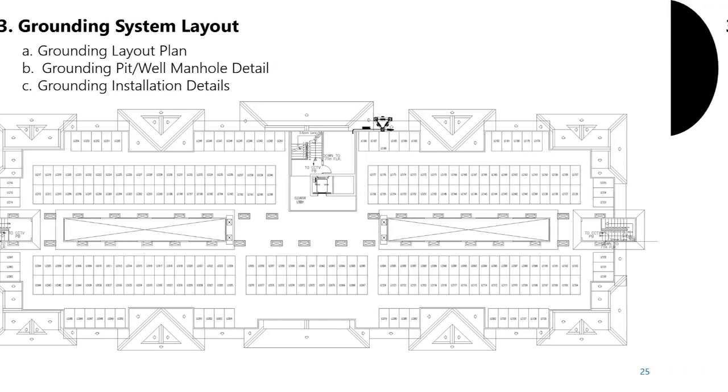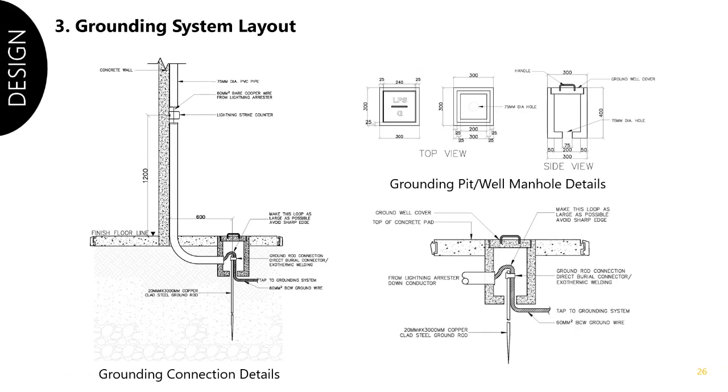So let's go to the details. Where's my cursor? For our grounding system layout, the grounding connection details. This is our lightning strike counter from the down conductor.